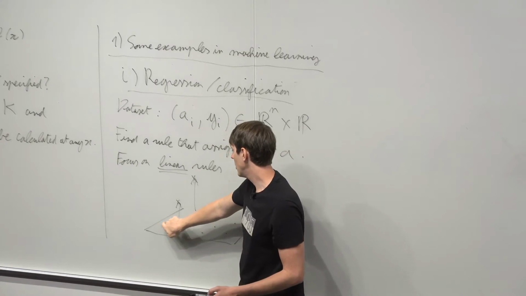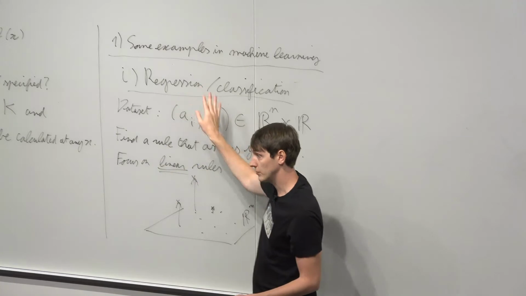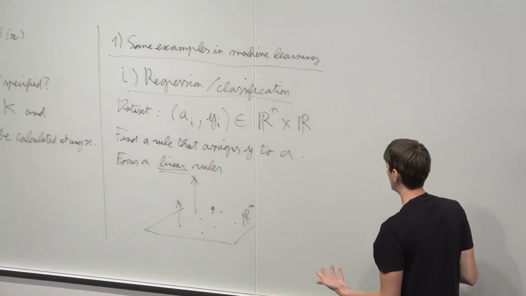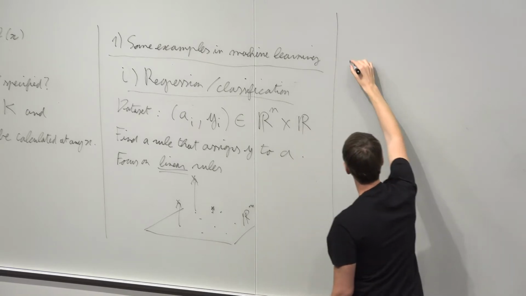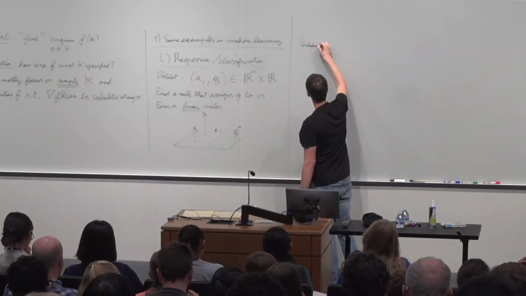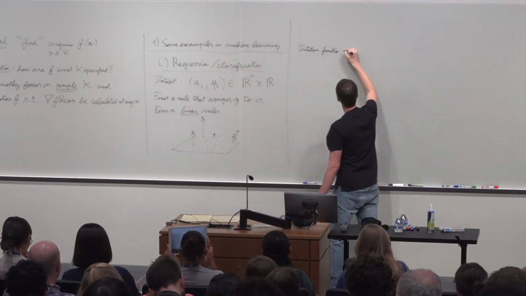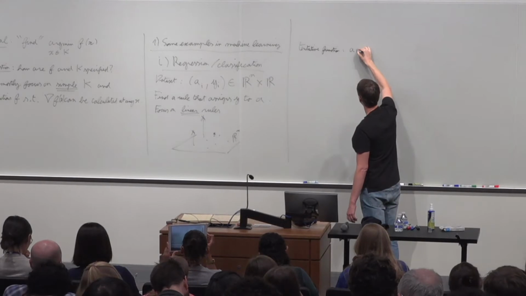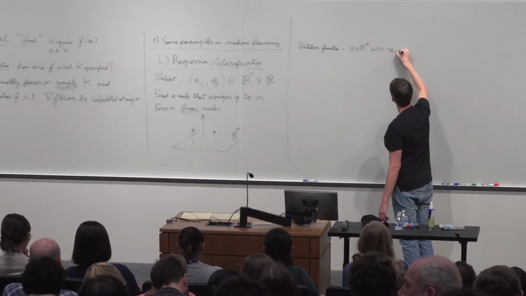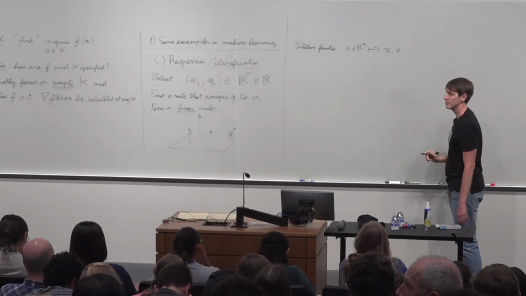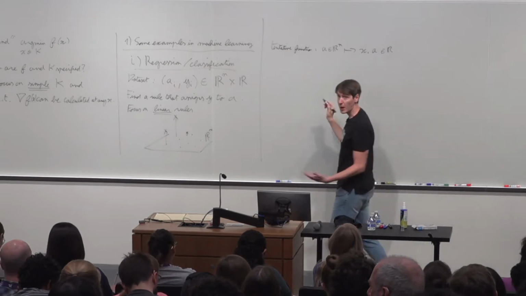If I get a new CV here, I can assign it a score just by looking at the value of this function. All right? So how do I do that? So again, the tentative function is going to be a map that maps an A in Rn to a linear function, so that's a linear product x dot A. This is a point in R. So this is parameterized by x.